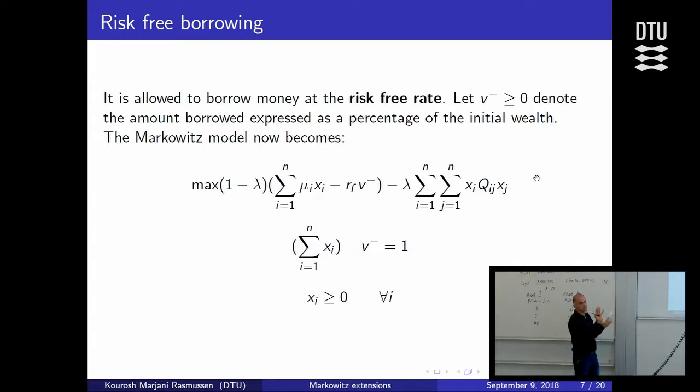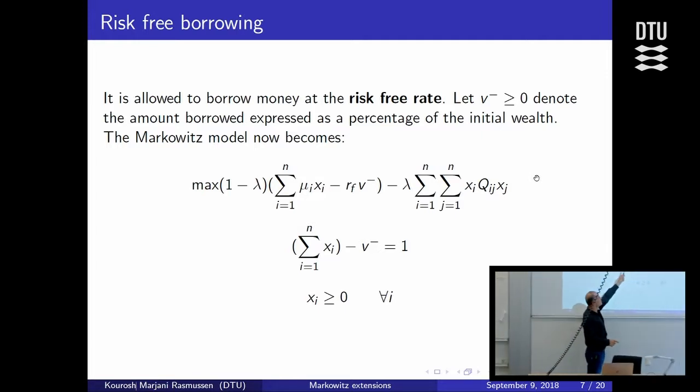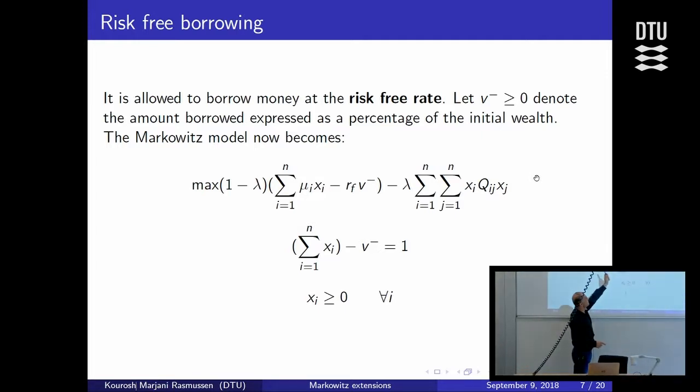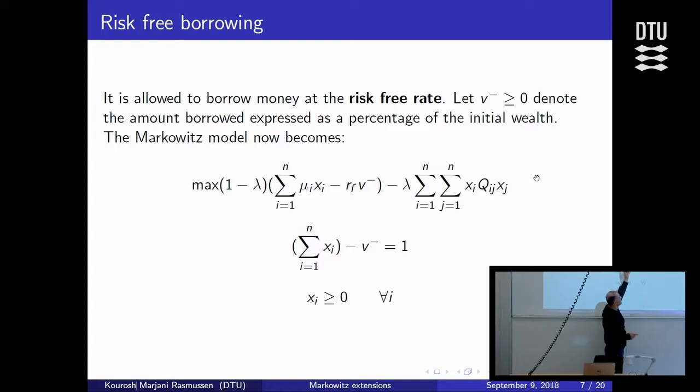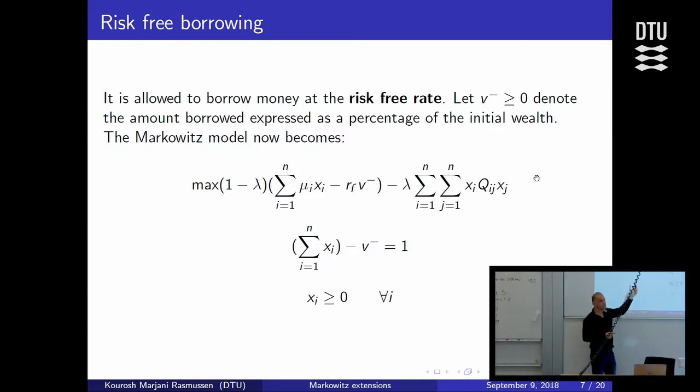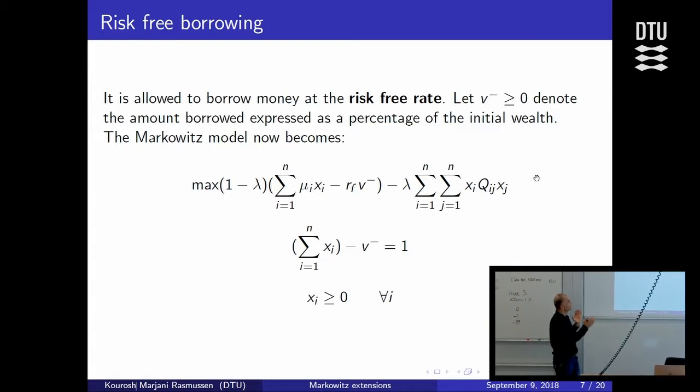But from the expected return, we are now deducting what you pay for your risk-free borrowing. So R_F is the risk-free borrowing rate multiplied by V minus, which is how much you borrow. That's the payment that you pay for your risk-free borrowing. You deduct that from your return, right?